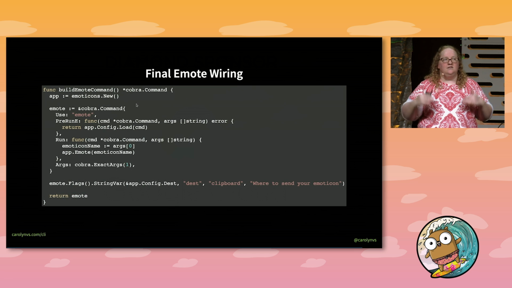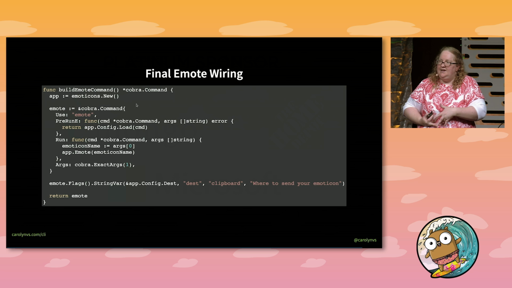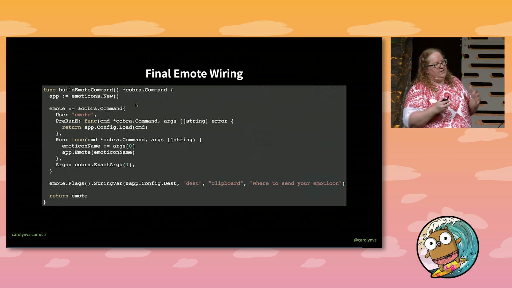So this is the final wiring for my emote command. And I've introduced one more Cobra handler that is pretty much critical, and it's PreRunE. This is where I like to stick all of my one-time loading, validation, configuration, all this stuff.